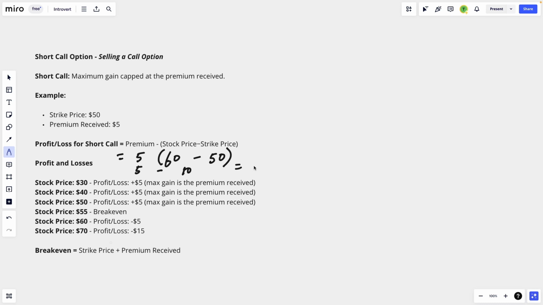So we're going to be -5 in this example. And as the stock price rises to 70, we have a premium of 5, and we have to subtract the difference between 70 and 50, which is 20. So we are going to be down 15 when the stock price rises to 70.